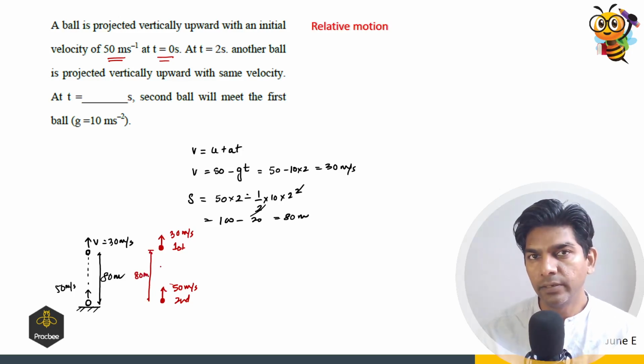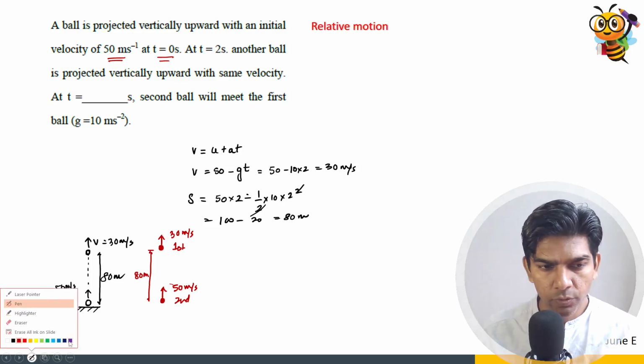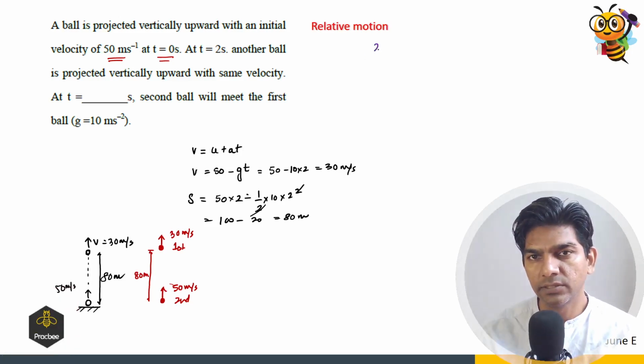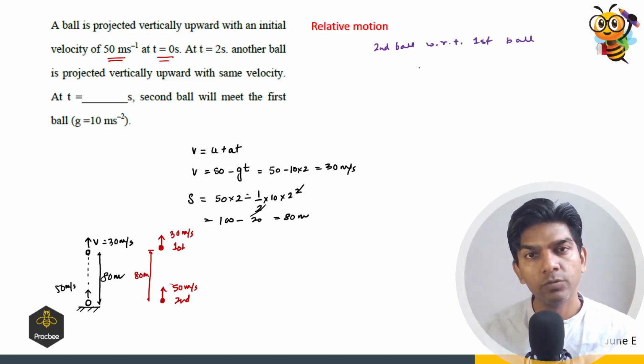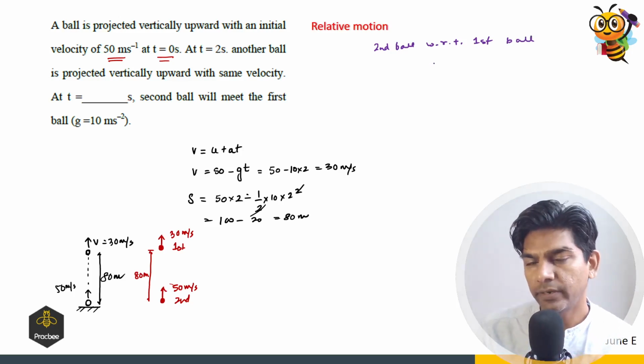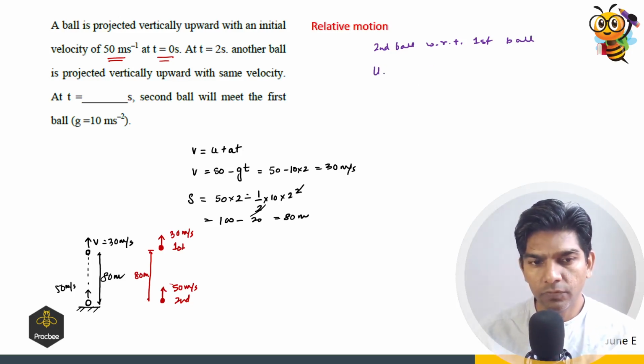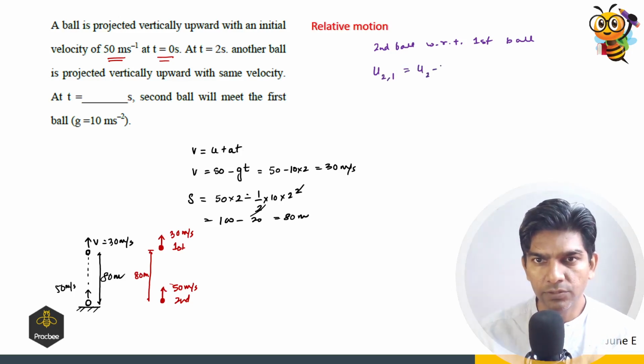Now we can apply relative motion. So let us study the second ball with respect to the first ball. When we are observing the second ball with respect to the first ball, the first ball will be at rest. So initial velocity of second with respect to first will be u2 minus u1.